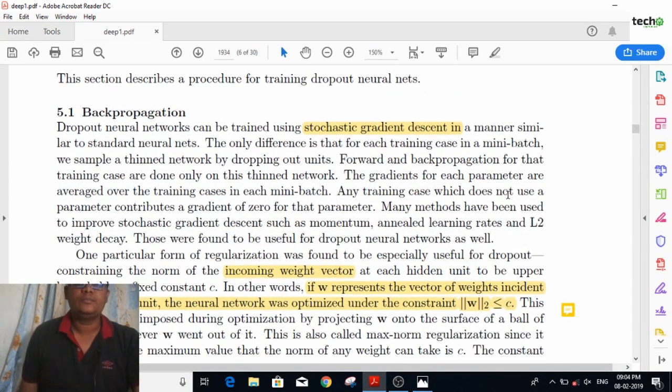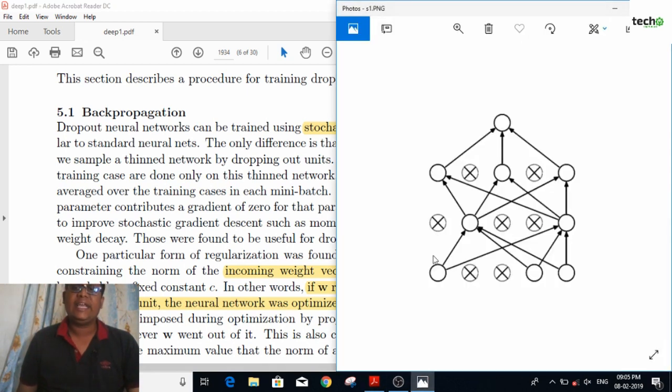backward propagation. This backward propagation is a method which is used to update the weights. How are the weights going to be updated for every image in a training data set for each layer? For each layer, the loss functions are going to be calculated. For these layers, one loss function will be calculated. For these layers, another loss function will be calculated.